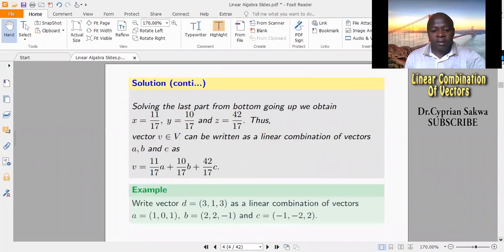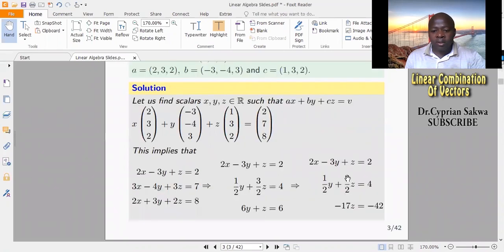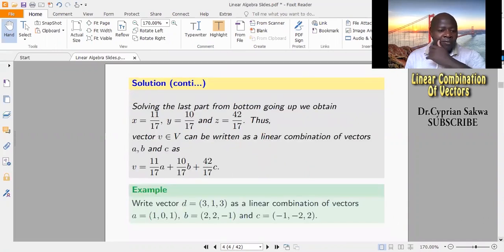I found that z would be 42 over 17. We then move to the second last equation. Substitute the value of z here and find y. I did that and found that y was 10 over 17, and then x was 11 over 17, respectively, when you move to the first equation.